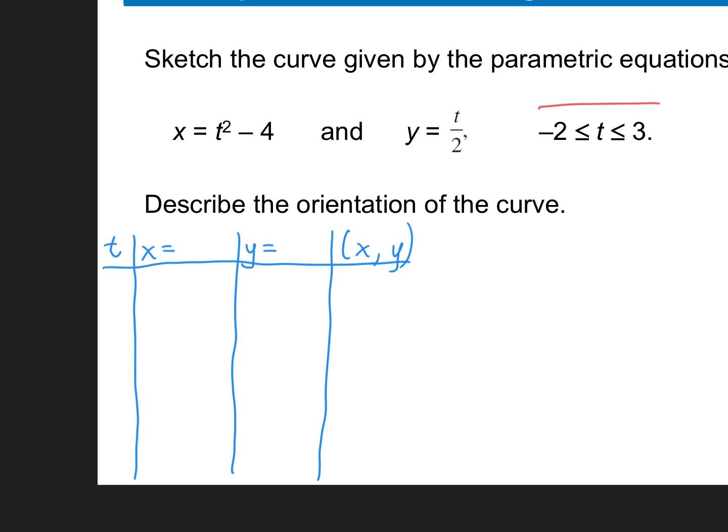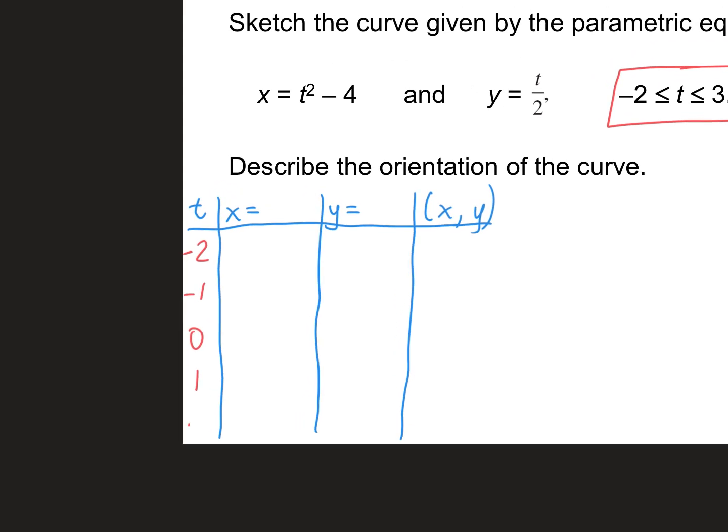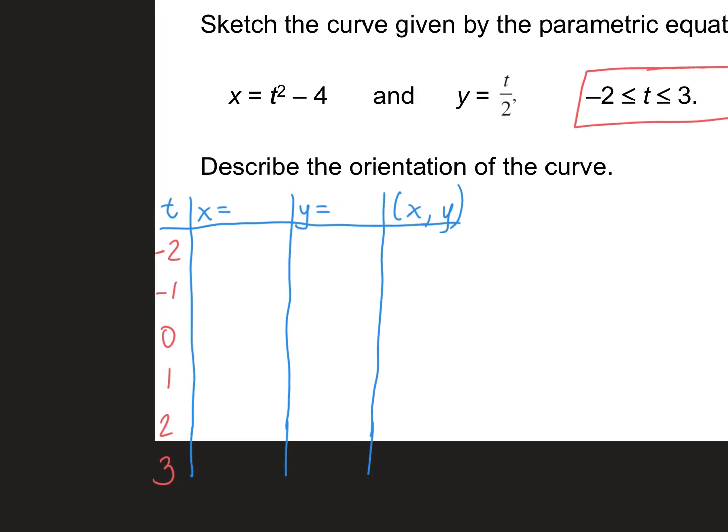What are they telling you right here that they want you to use? -2 to what? +3. So over here, I'm going to write, okay, I'm going to evaluate with -2, -1, 0, 1, 2, and 3. And you guys are like, evaluate what? I'm going to evaluate each one of my equations.